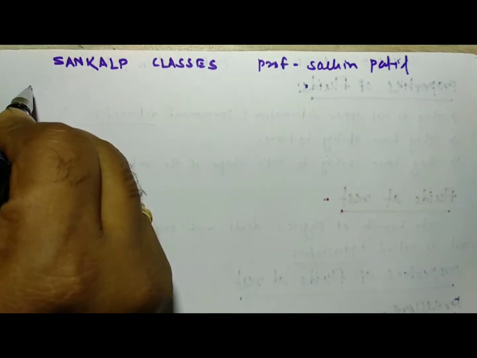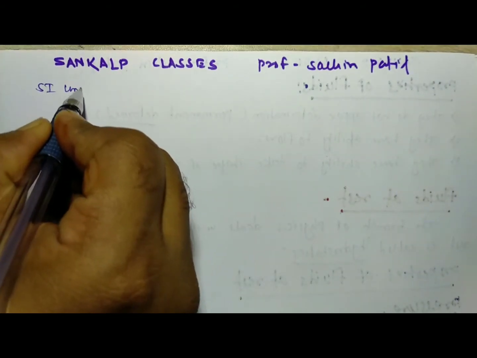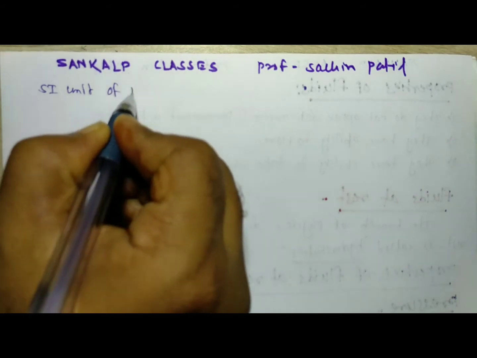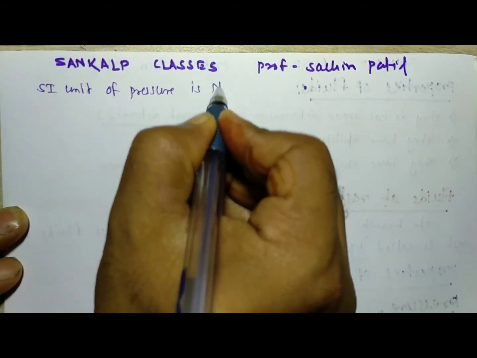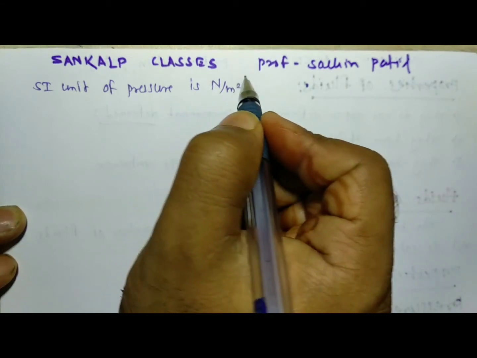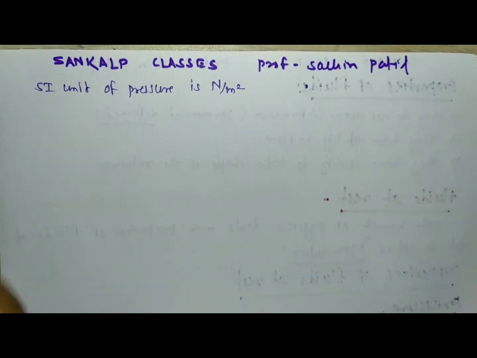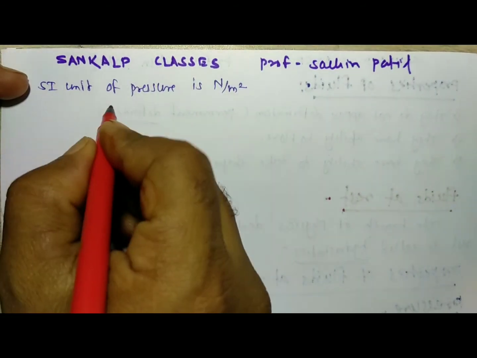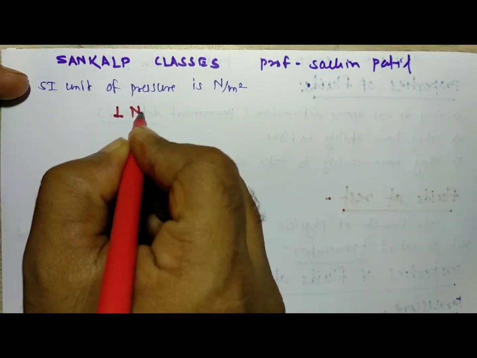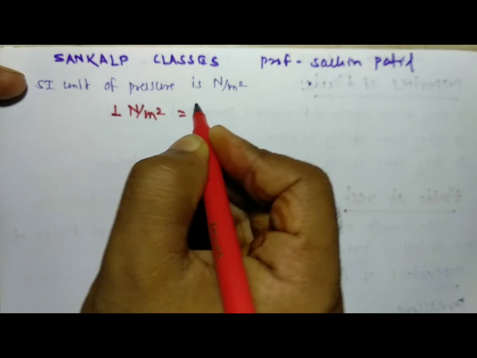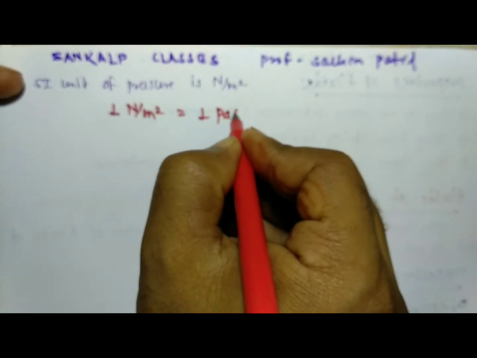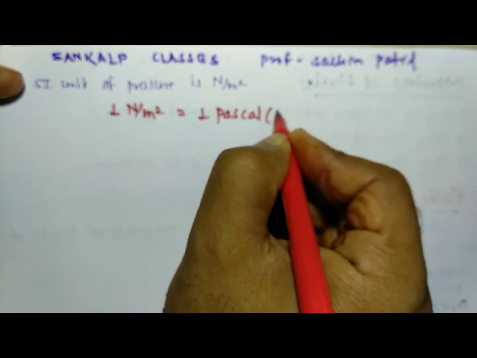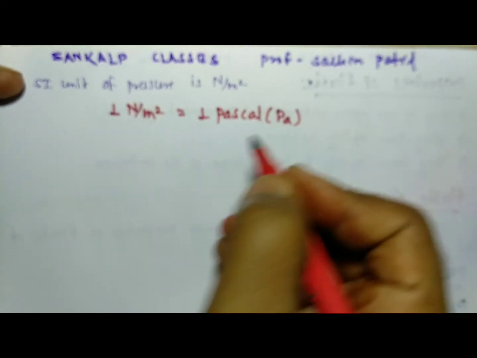Thus the SI unit of pressure is Newton per meter square. 1 Newton per meter square is equal to 1 Pascal. It is denoted as Pa.